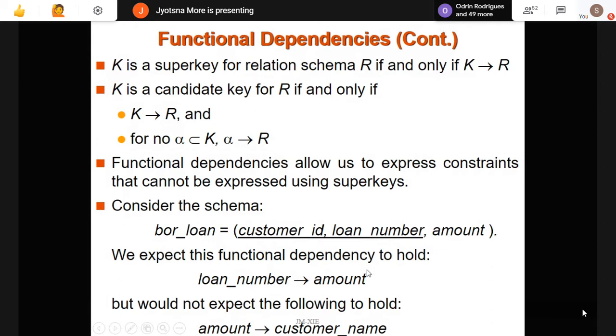So loan number determines amount. It is correct. But we would not expect the following to hold: amount determines the customer name, which is not there, right? So this is not possible with the help of the super key, but in some cases with the help of functional dependency you can make it true.